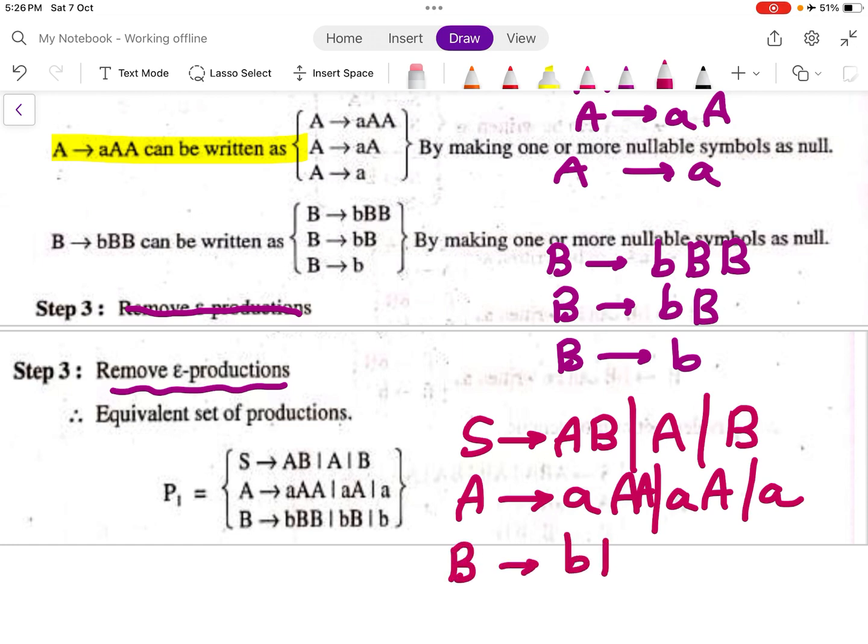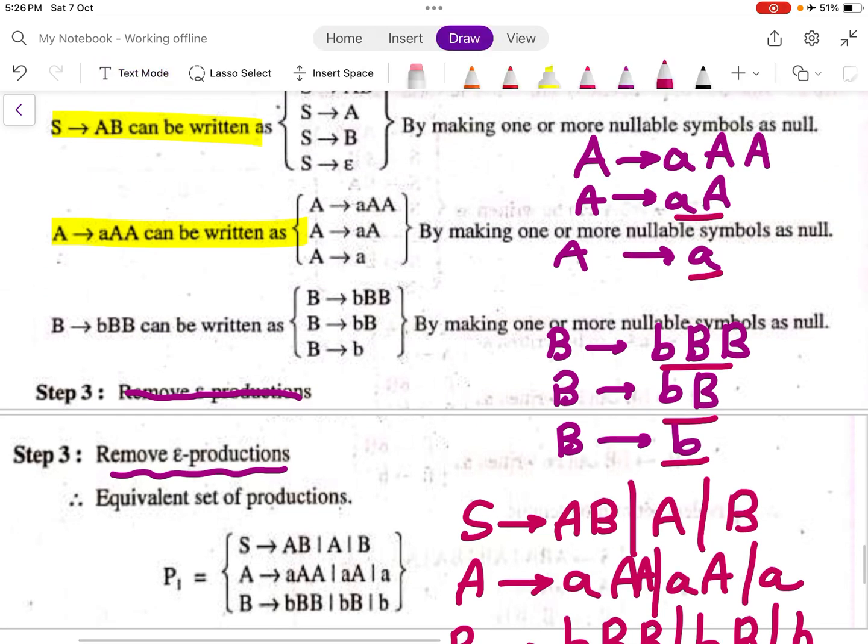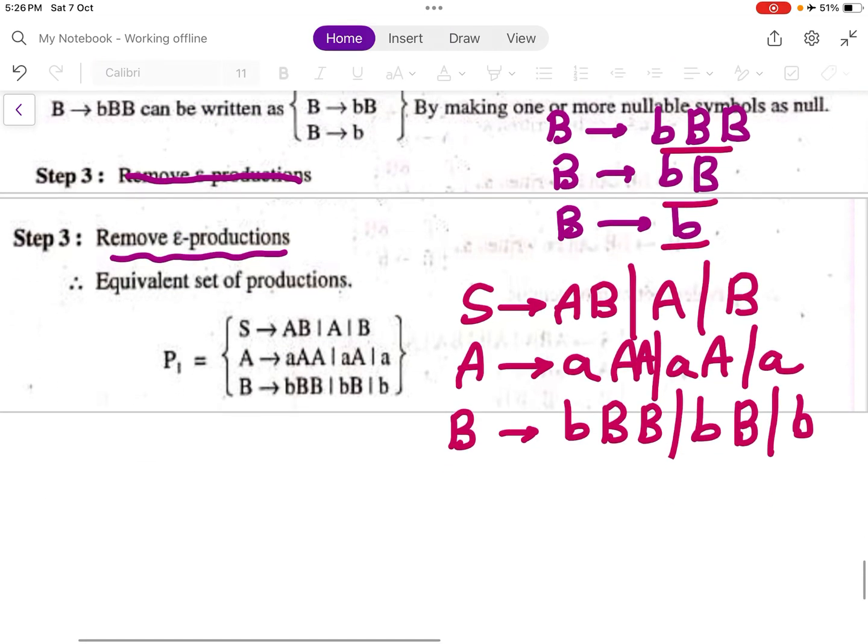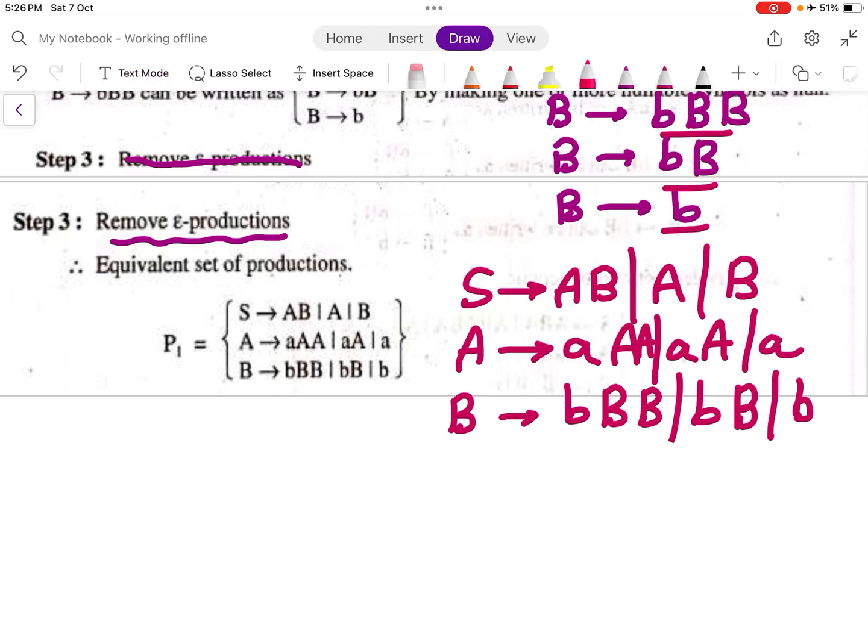For B we had small b and capital B, or small b. So these were all the possible productions. This is after eliminating the epsilon production. This is your final answer.